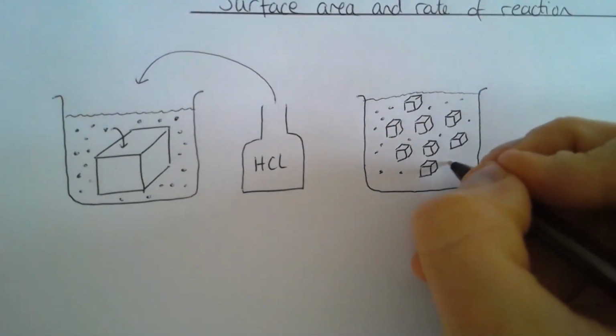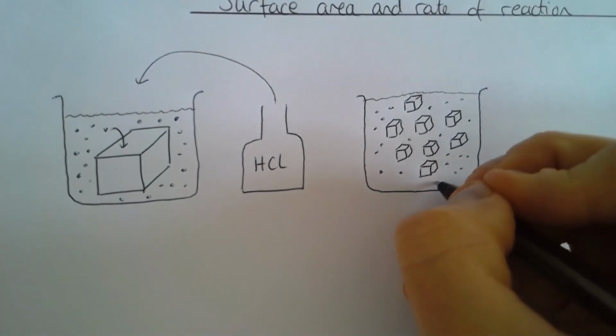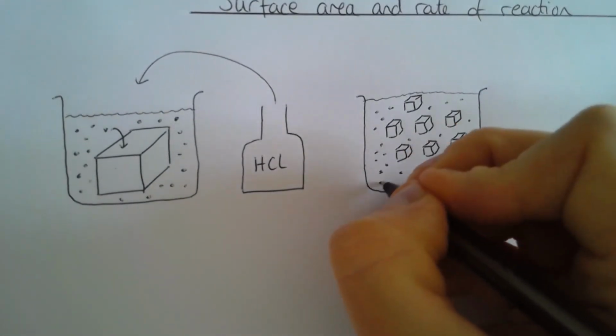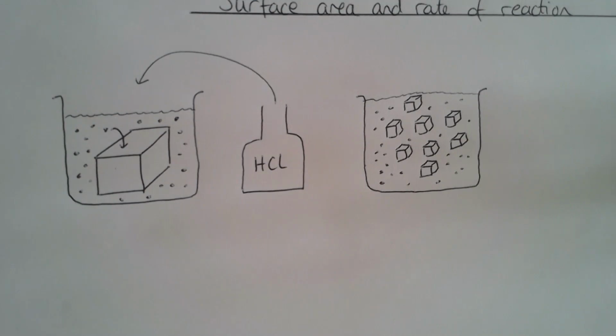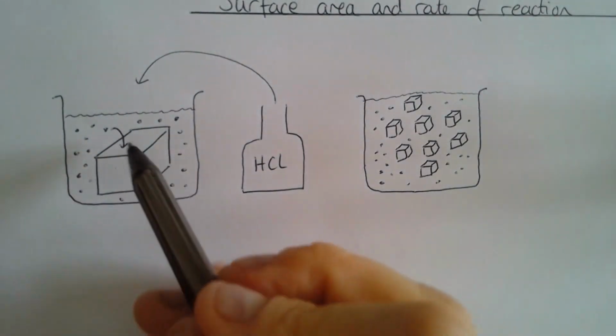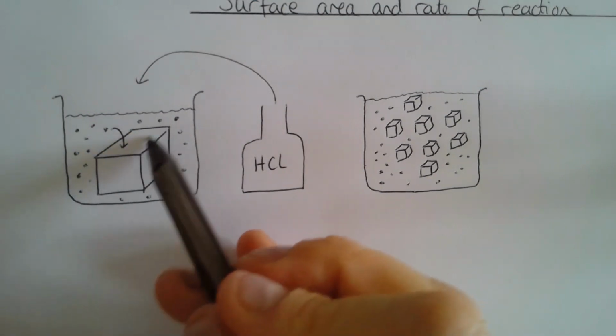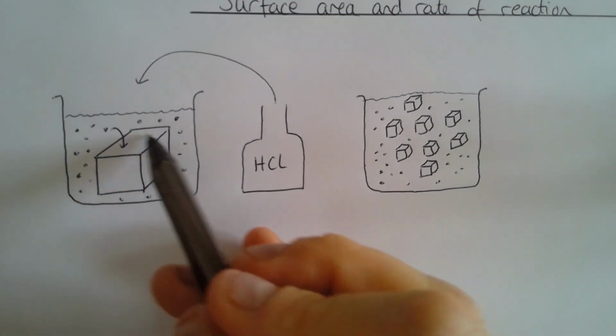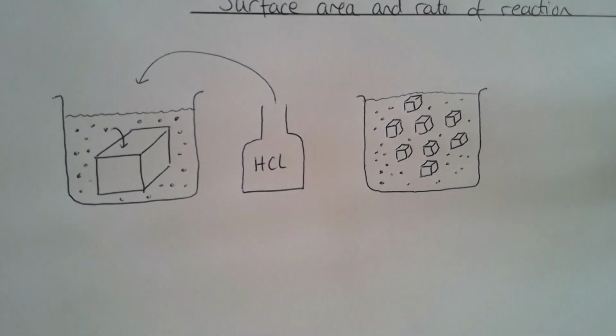Now this time something different is going to happen to the rate of the chemical reaction, because in this example only the particles on the surface of the cube could react.